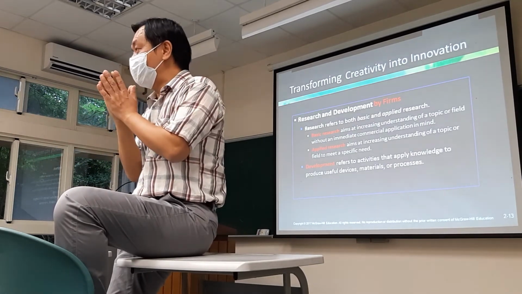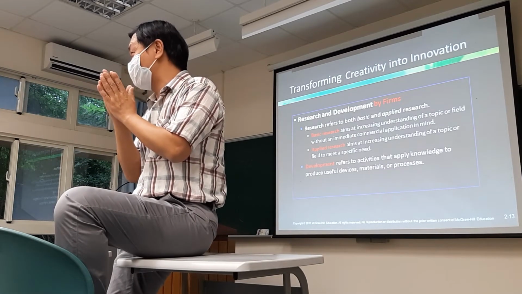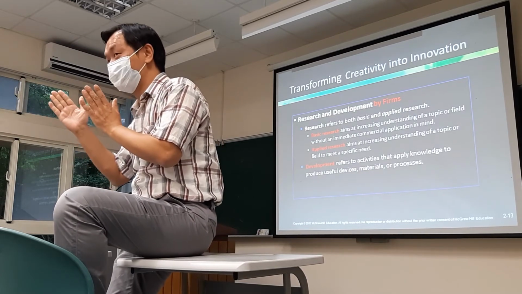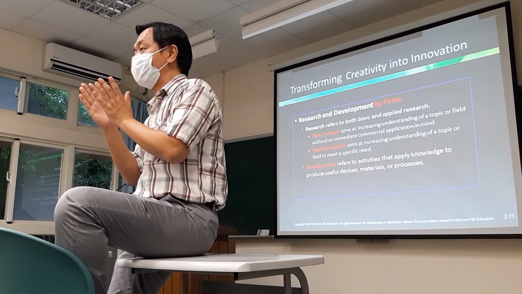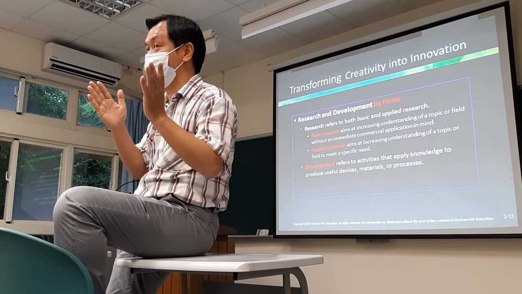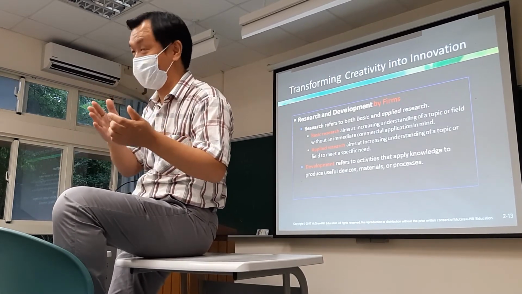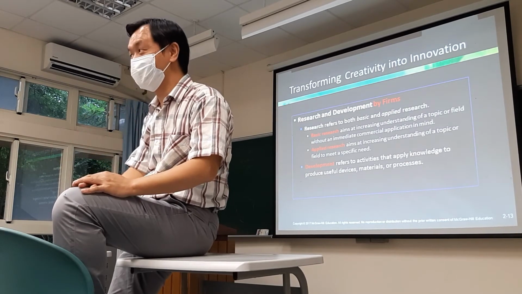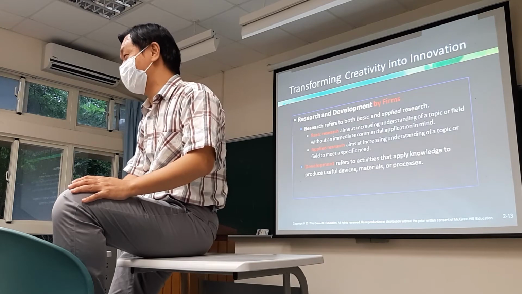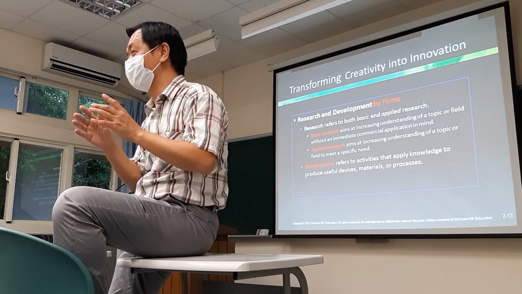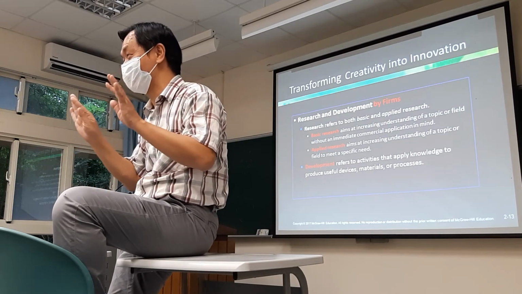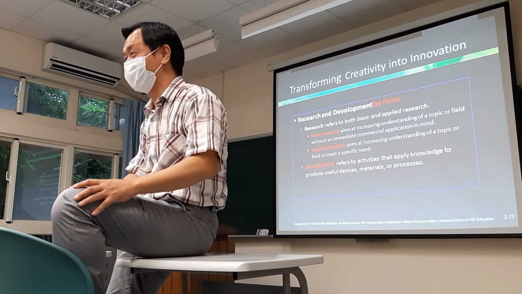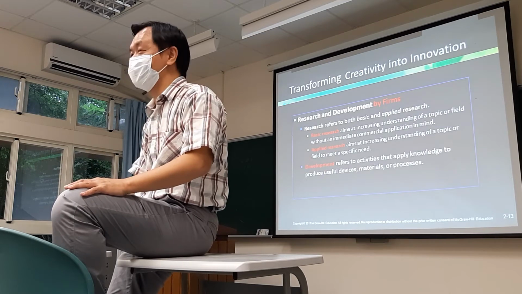But if we are closer to the science, we are doing research. If we are closer to the market, we are developing product. Can you get my point? So in innovation, we say R and D are different words, because one is close to technology and the other close to market. Why is it so important?